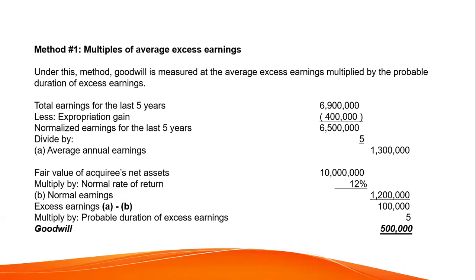So we now get this goodwill as the measurement is at the average excess earnings multiplied by the probable duration of excess earnings. Now, the total earnings for the last 5 years is computed at 6,900,000. And we have to deduct the expropriation gain, which is given at 400,000.